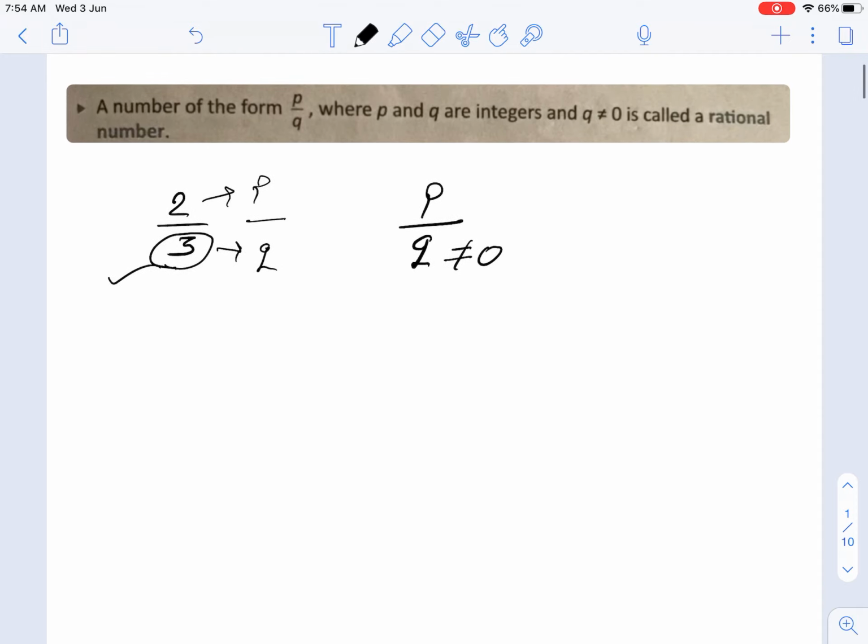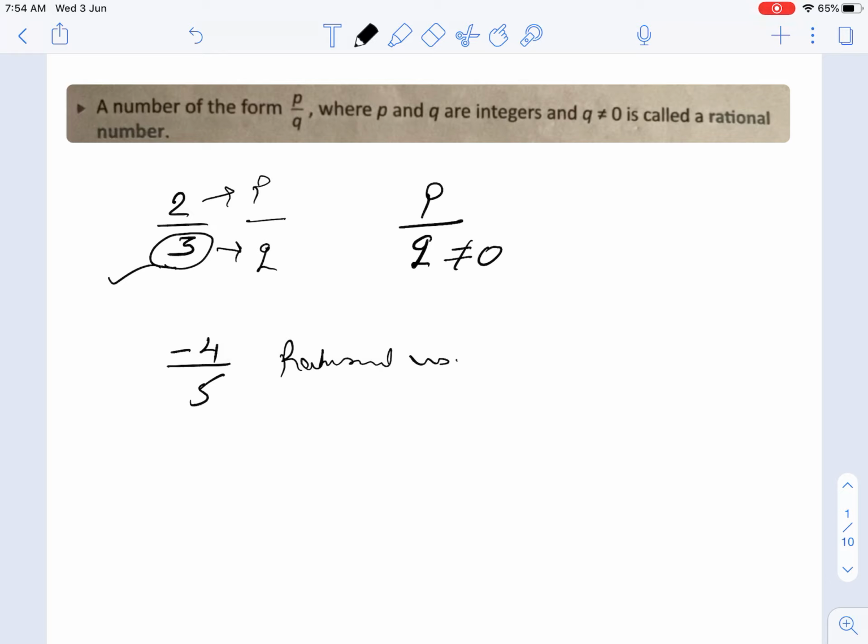Let us write some different examples. Minus 4 upon 5. Here also the denominator is not equal to 0, so we can say that it is a rational number.